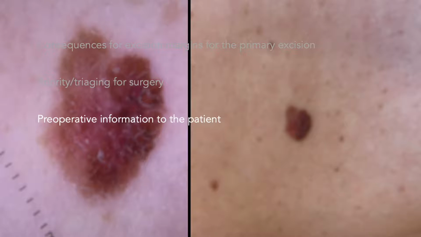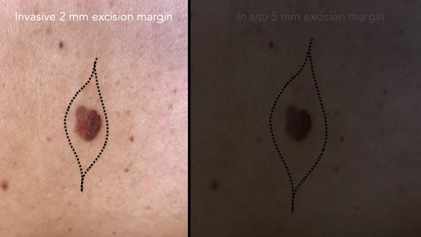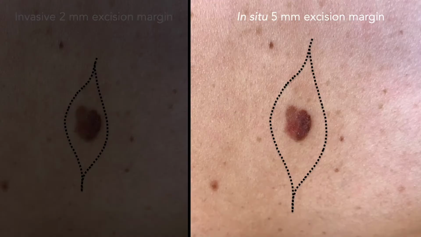And finally, it's also nice to give the patient some kind of heads up on what your primary suspicion is for a specific lesion. So at our department, we deploy a 2 millimeter excision margin for lesions that we have a high suspicion of invasive melanoma. However, if the primary suspicion is in situ melanoma, we use a 5 millimeter excision margin.